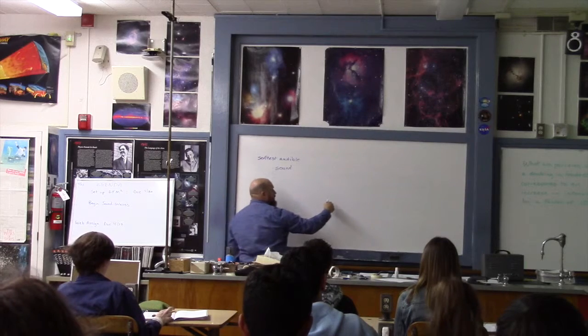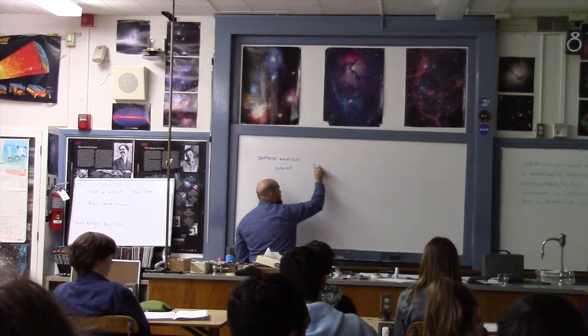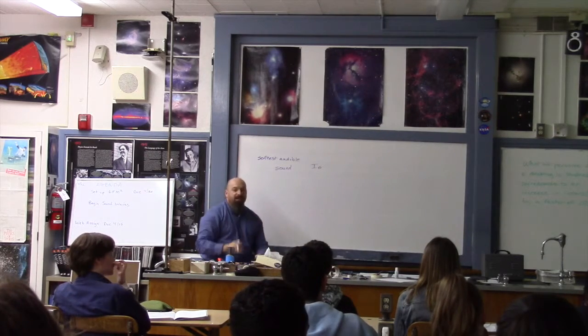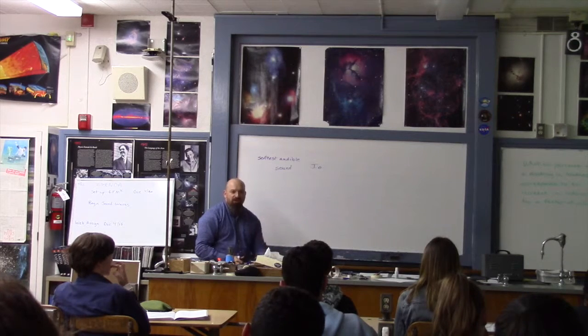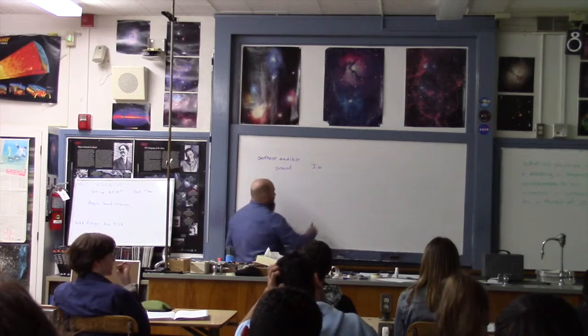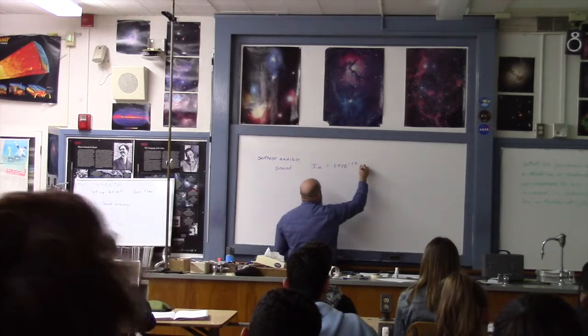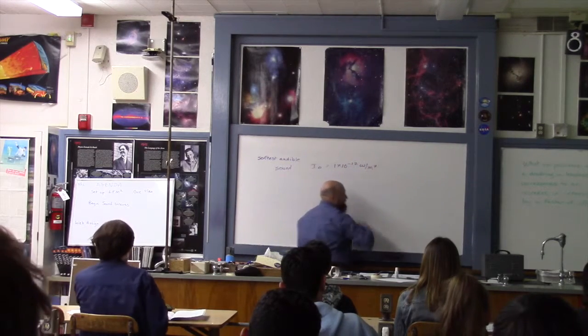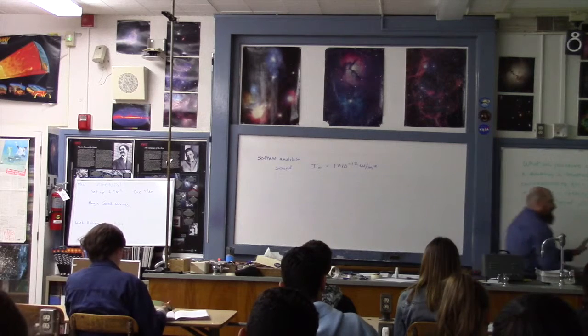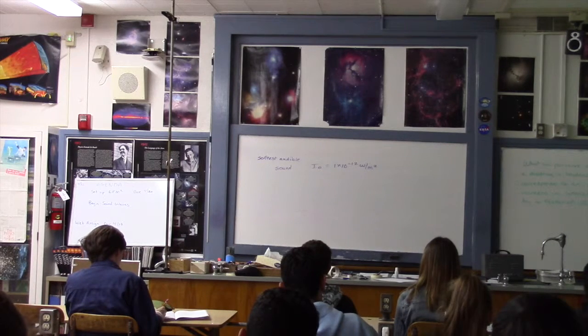The intensity associated with it, called I0, is exceedingly tiny. It's only a trillionth of a watt per meter squared. A trillion is 1 times 10 to the minus 12. This is the softest audible sound that you can hear.